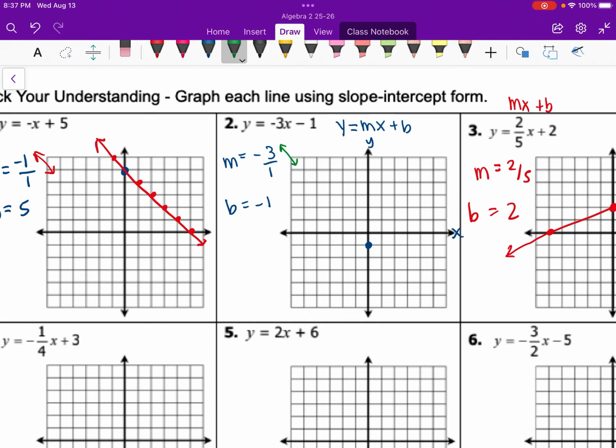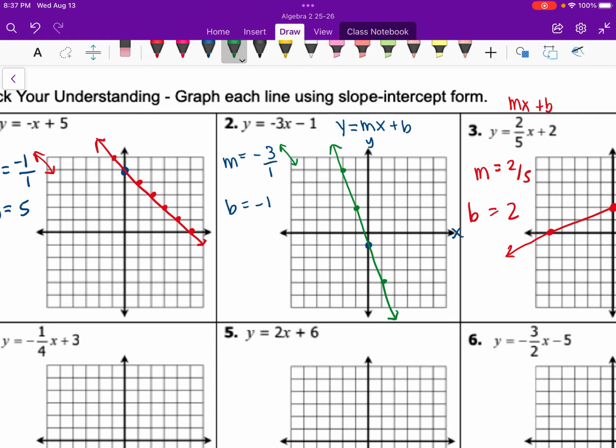I'm going to rise -3 and run 1. So I'm going to go up 3. And I need a negative line, so I'm going to go to the left 1. And remember to go all the way through the graph that I give you. You can also go down 3 and right 1, which some of you probably started with, which is fine. So on this one, you'll have 4 points that were able to be plotted.